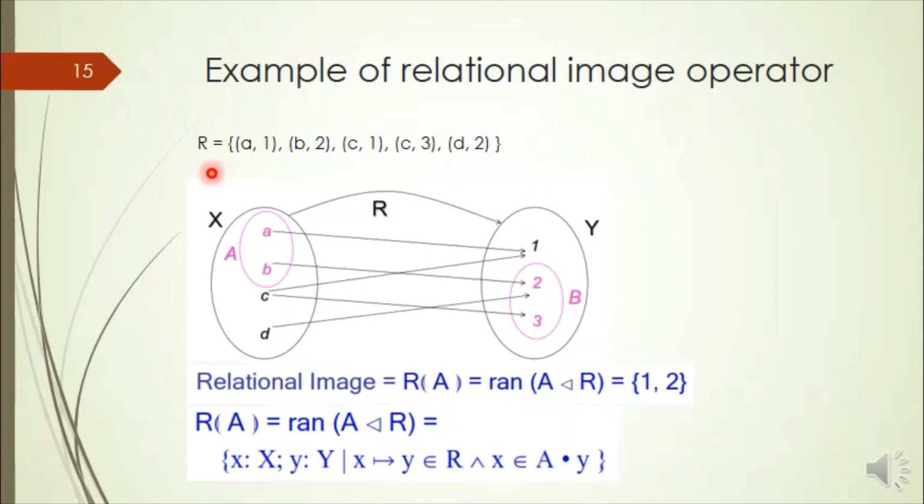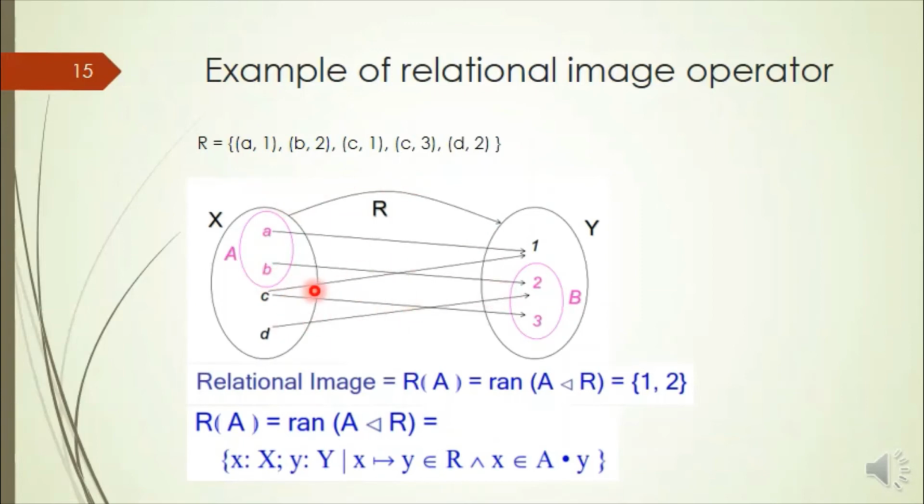For example, we have a relation R, which is the first argument for the relational image operator, and it has 5 ordered pairs which are depicted in a diagram with arrows or mapping. A1 is represented by mapping A1 and B2 is represented by mapping B2 and so on.